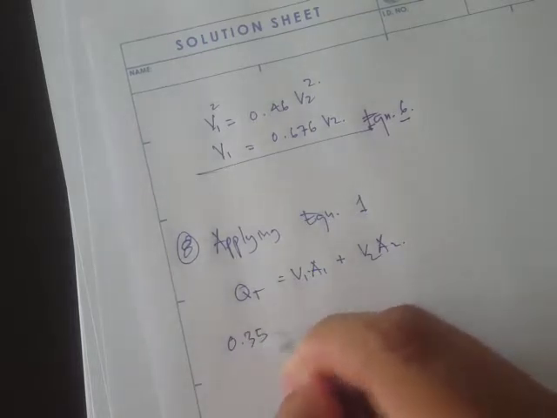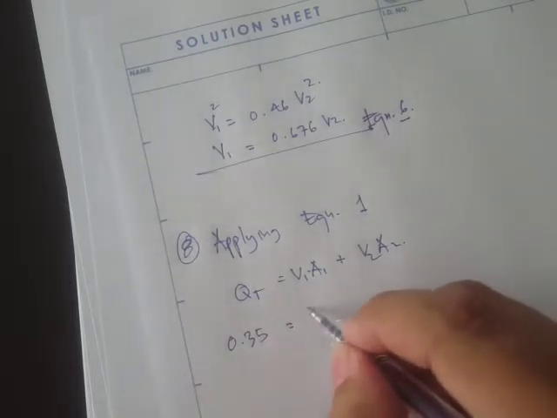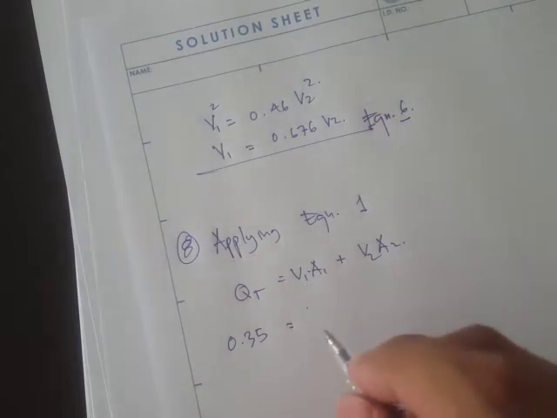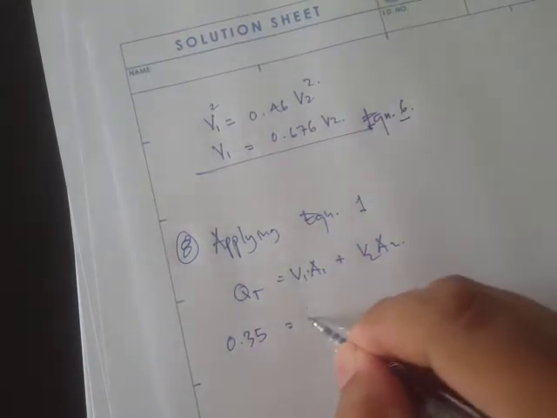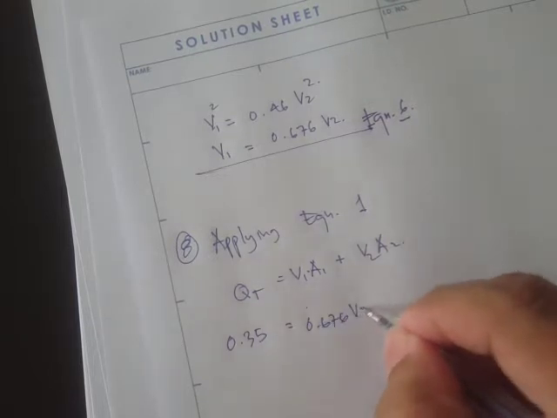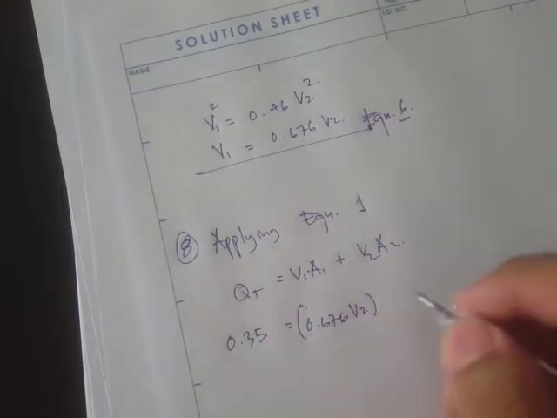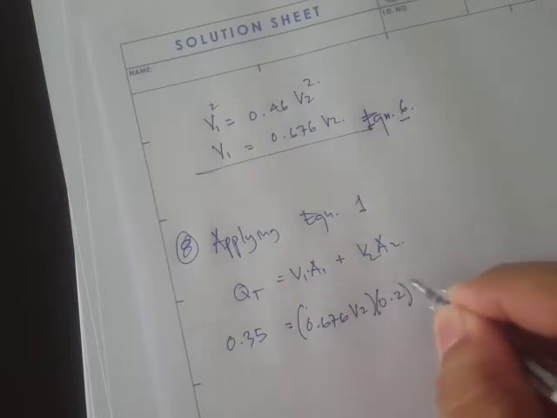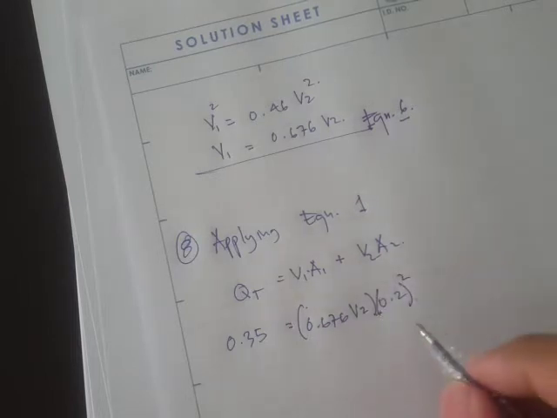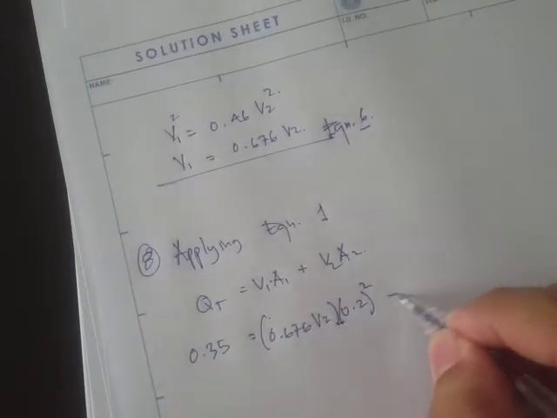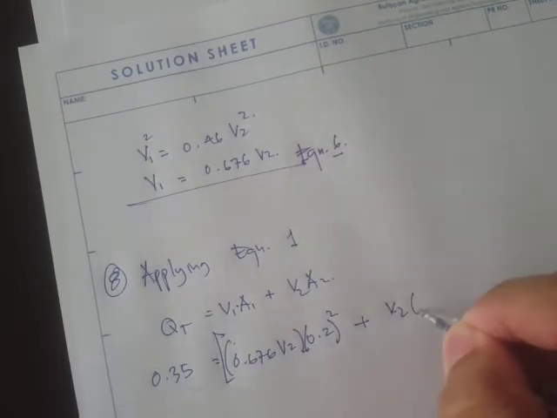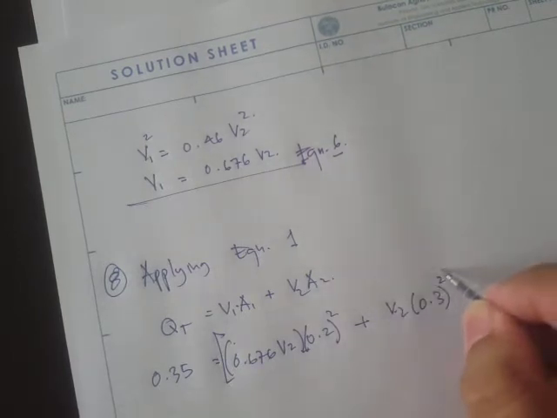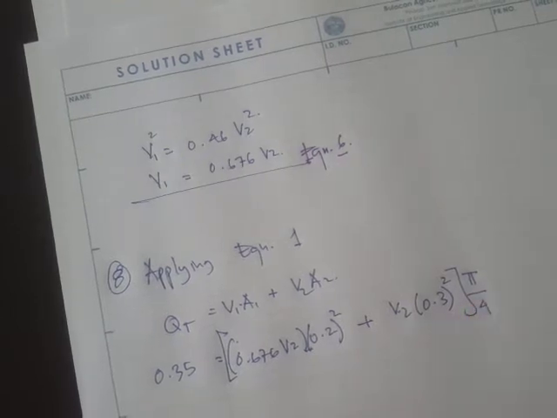This is 0.35. The velocity is 0.676 v sub 2 times the diameter of 0.2 squared, pi d squared all over 4, or we can just factor the pi over 4, plus the v sub 2 times the diameter of pipe 2, right? So times pi over 4.